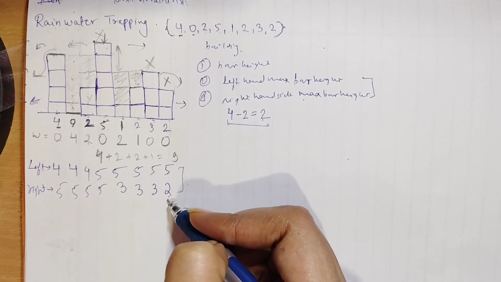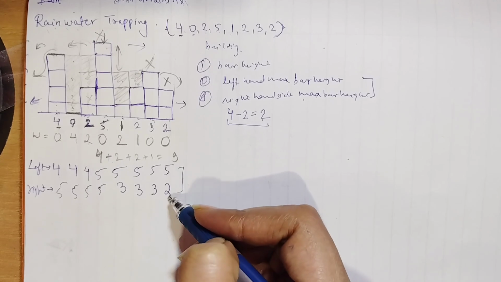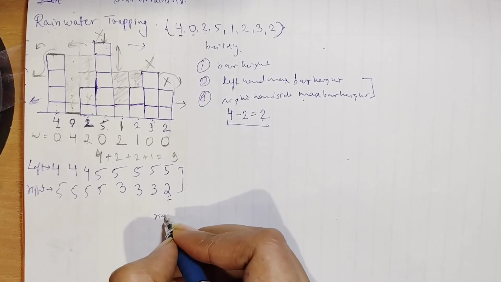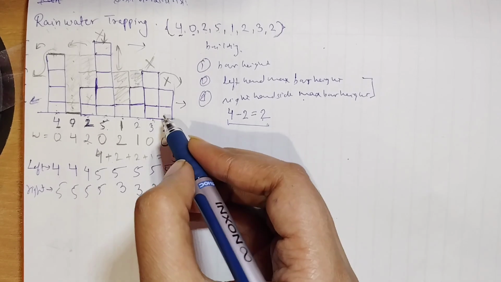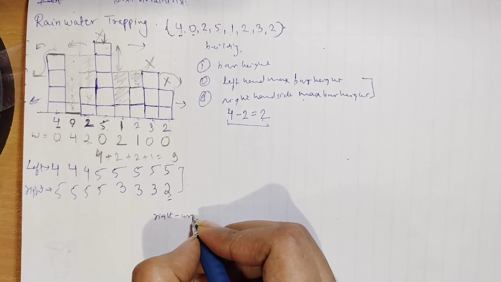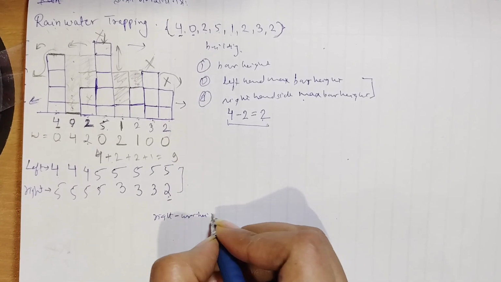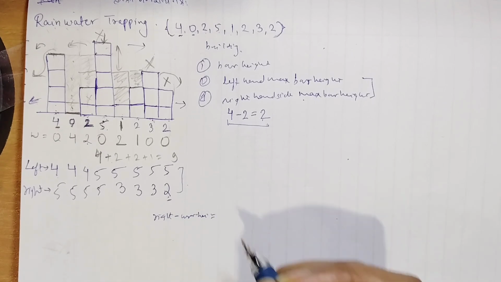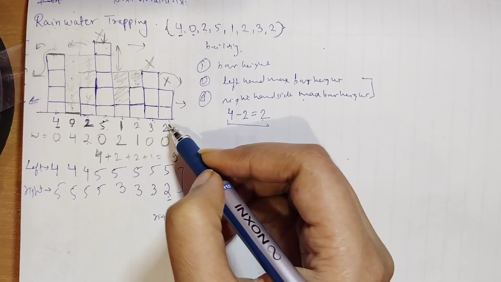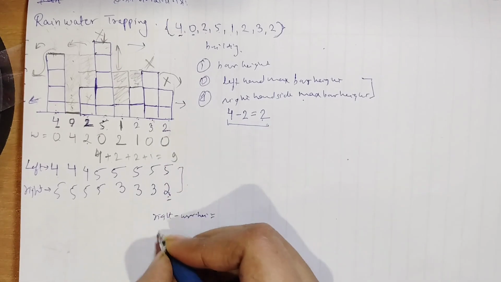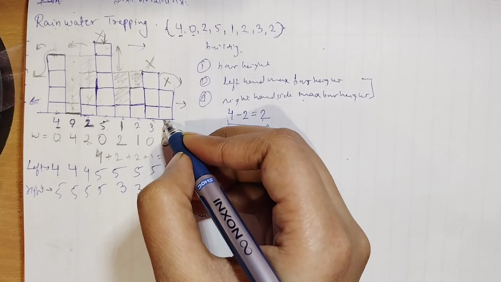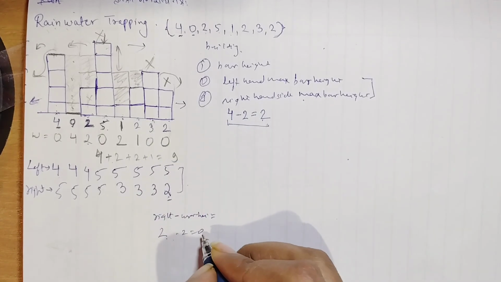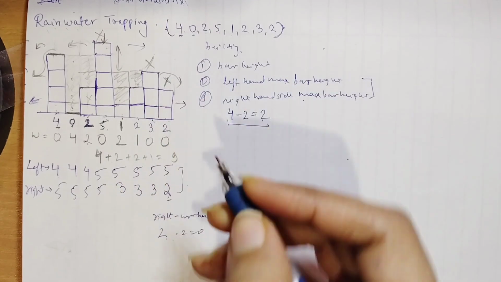Right has the minimum value. Now you can subtract our current height from this right, and you will get our water value. So what is the value for this? Minimum is 2, right is 2, and our current height is 2, means 0. That's why I have written no water is stored here.